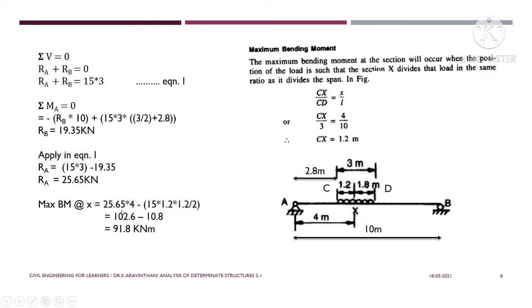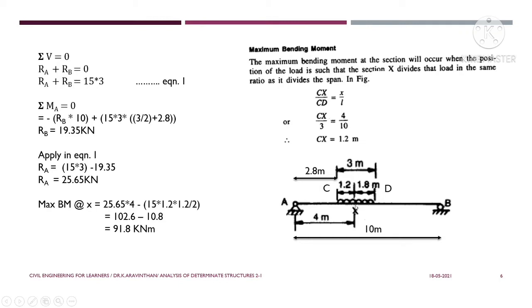Now let us find the bending moment, that is maximum bending moment. Now our point of interest is X. X is 4 meter from A. I need to find at this point. For that, you have to place the load in a ratio.